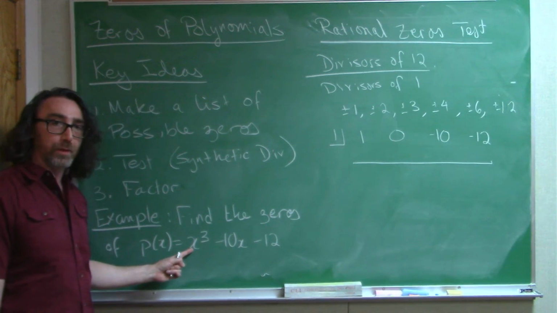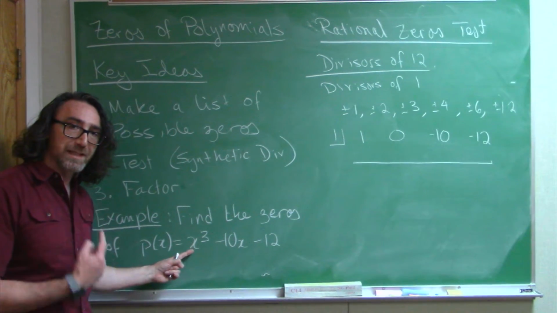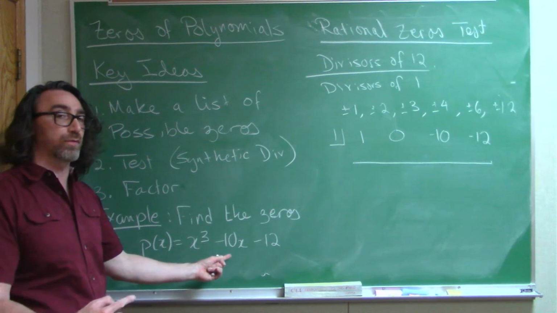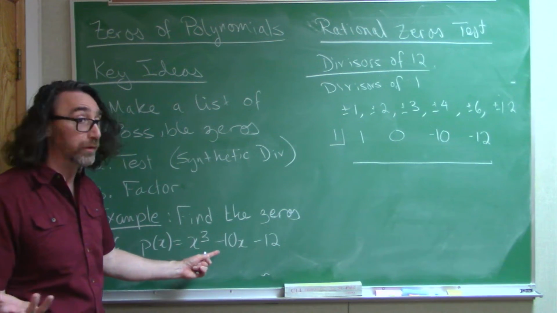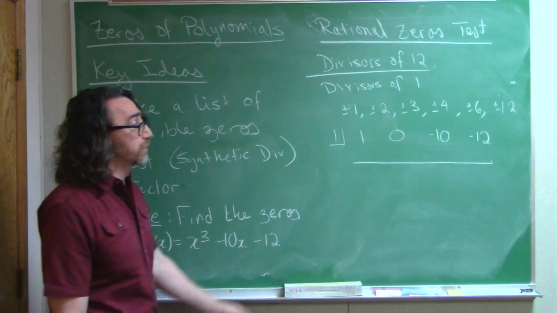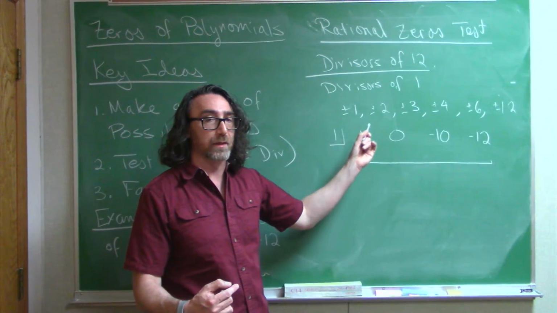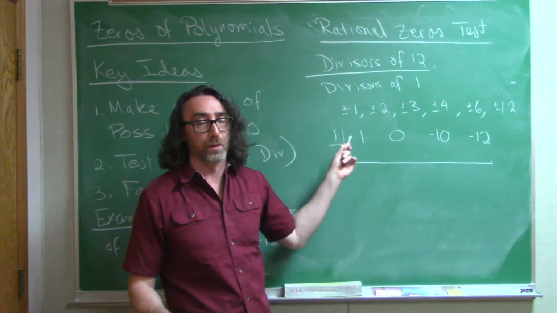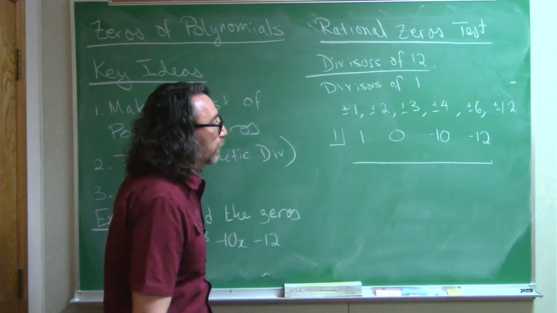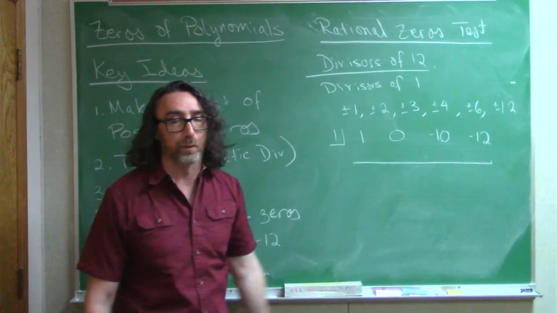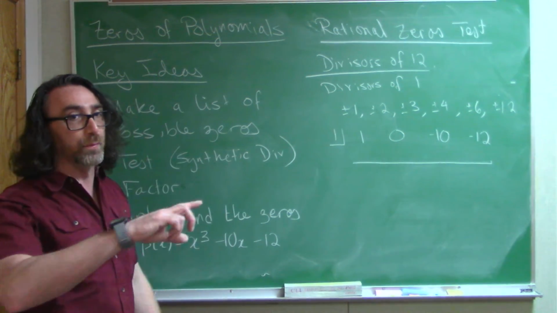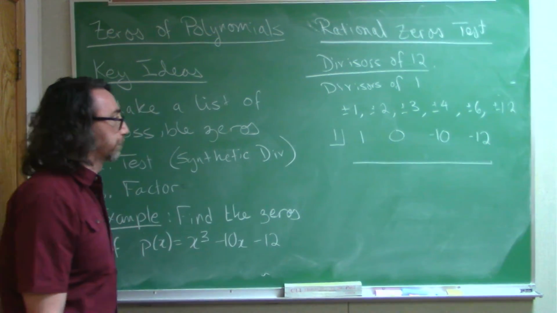You see how our polynomial goes from the x cubed term, skips the x squared term, and goes right to the x term? There is no x squared. When you're doing your synthetic division setup, you have to put the consecutive powers here in your coefficients. So if the x squared term is missing, you need a placeholder 0 like we have right here. If you don't put that in there, it's going to screw up your answer.